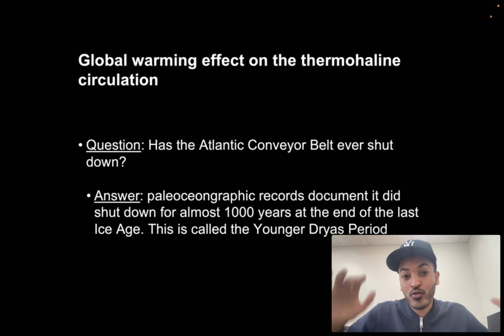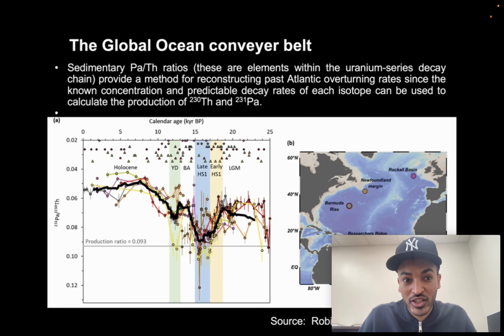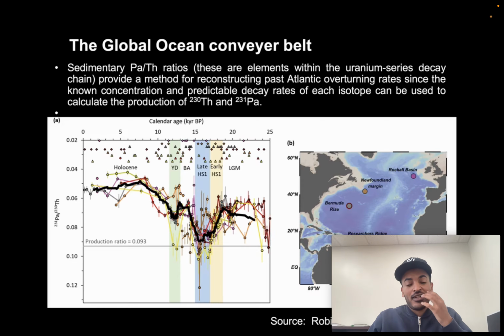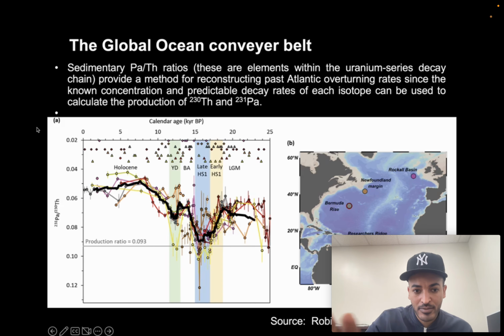What would happen? We have instances of it shutting down in the past, and it had a significant impact on global temperature. But I don't want to spend a lot of time on this figure.